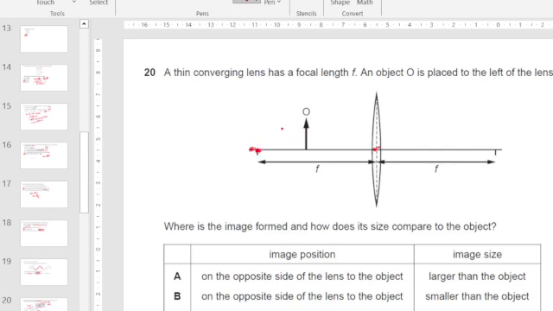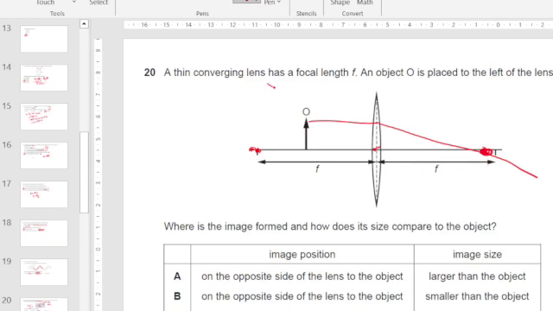For this case, if you're trying to draw the ray diagram, we'll get the image as follows. A ray that passes parallel to the principal axis must pass through the focus. This is the focus.